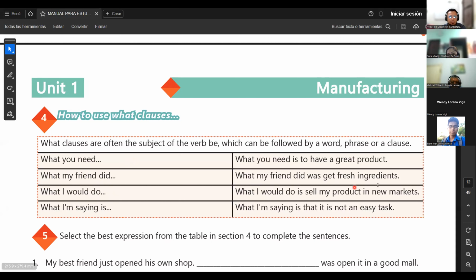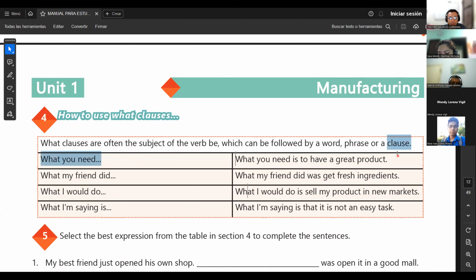Some people consider this a mistake. In Spanish, sometimes people say lo que es, lo que viene siendo. Sometimes people use that in Spanish, and it is not a mistake, but it's not formally used. But in English, you can use it to transmit opinions.